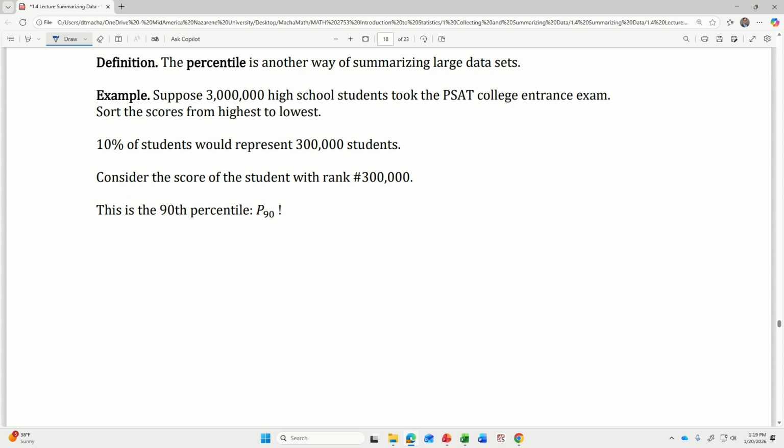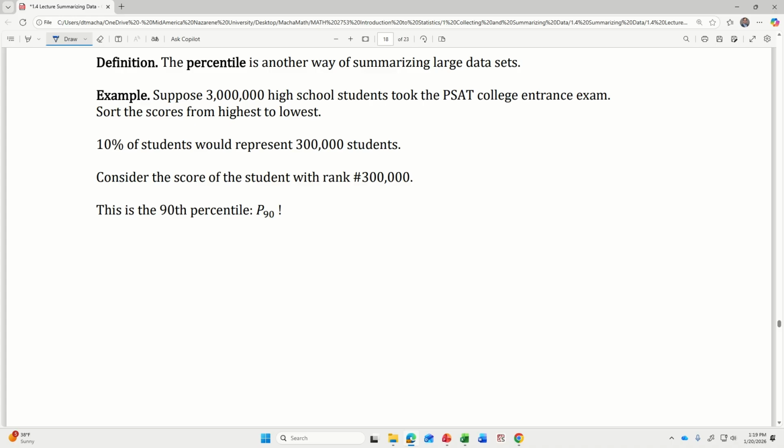The percentile is another way of summarizing large data sets. This is the part where we actually do need the Desmos test mode, so get that ready momentarily. Suppose 3 million high school students took the PSAT college entrance exam, sort the scores from highest to lowest. 10% of 3 million students is 300,000 students.